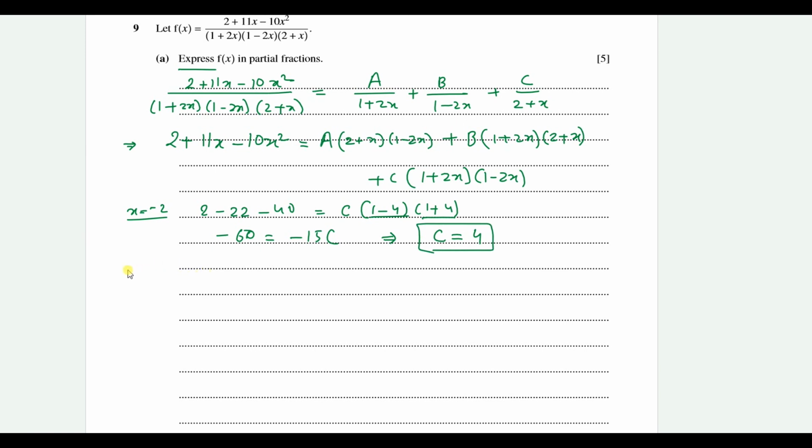So let's put x is equal to something else. We can take x is equal to 1 by 2, so that we can get rid of this and this.